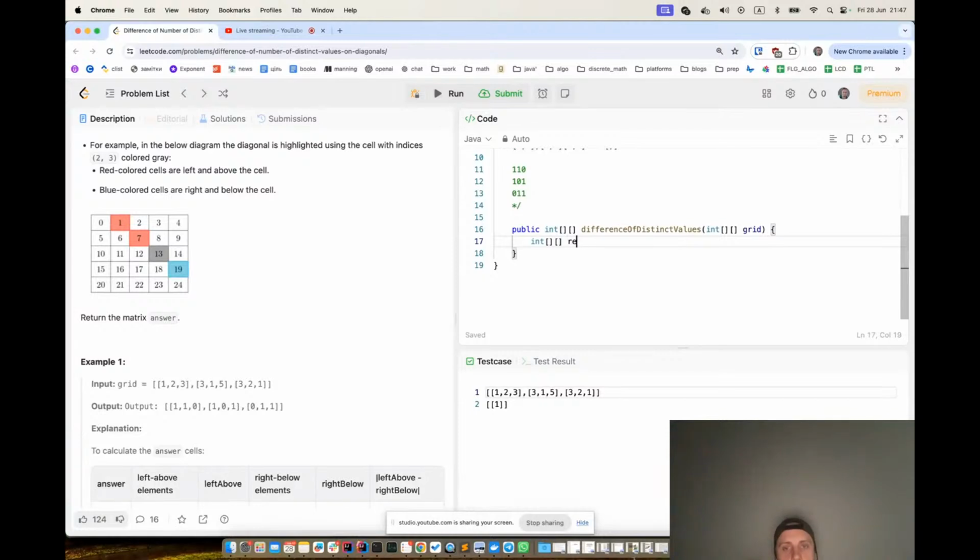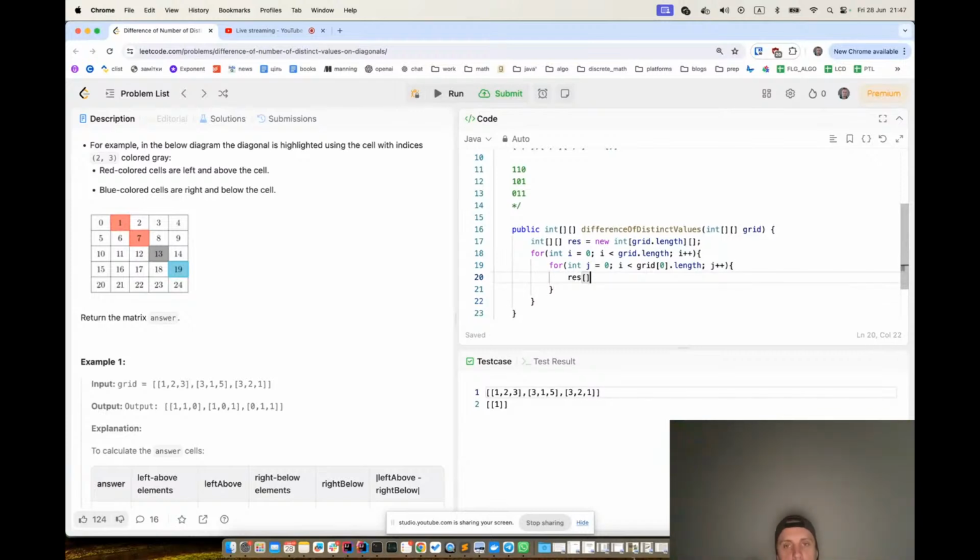So we have our result that should be an array of grid length. Then we should just have two loops: for i less than grid length, i++. Here we have another loop with j, grid[0] length, j++.